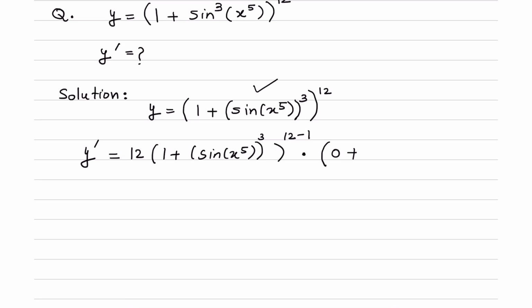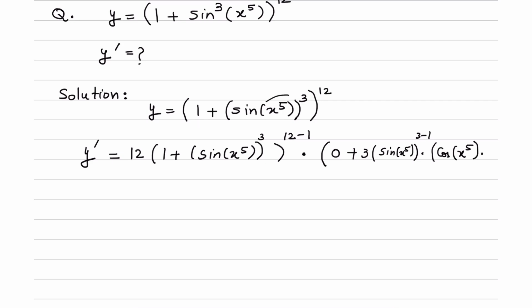the derivative of this term. Since this term has the whole power 3, first you will apply the power rule, which is 3 times the inside term as it is, with power 3 minus 1, so sine x to power 5 squared, and then the derivative of the inside term, sine x to power 5. So the derivative of sine is cos of the same angle multiplied by the angle's derivative.